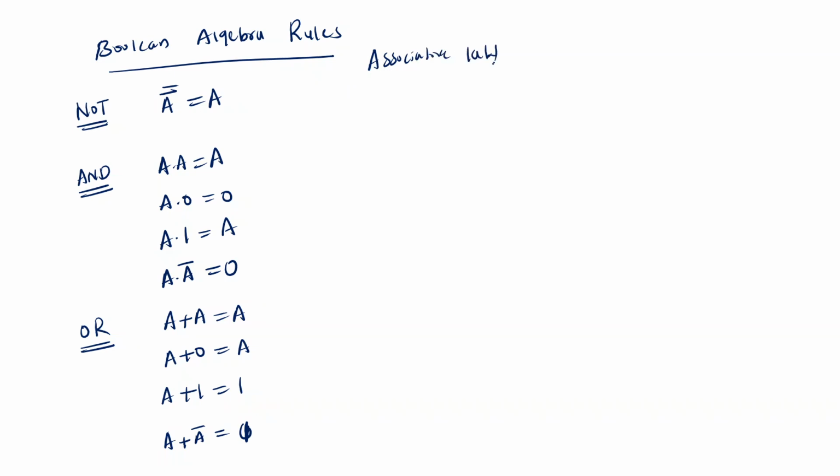So what is this associative law? A OR B OR C equals A OR B OR C, and by duality, A AND B AND C equals A AND B AND C.